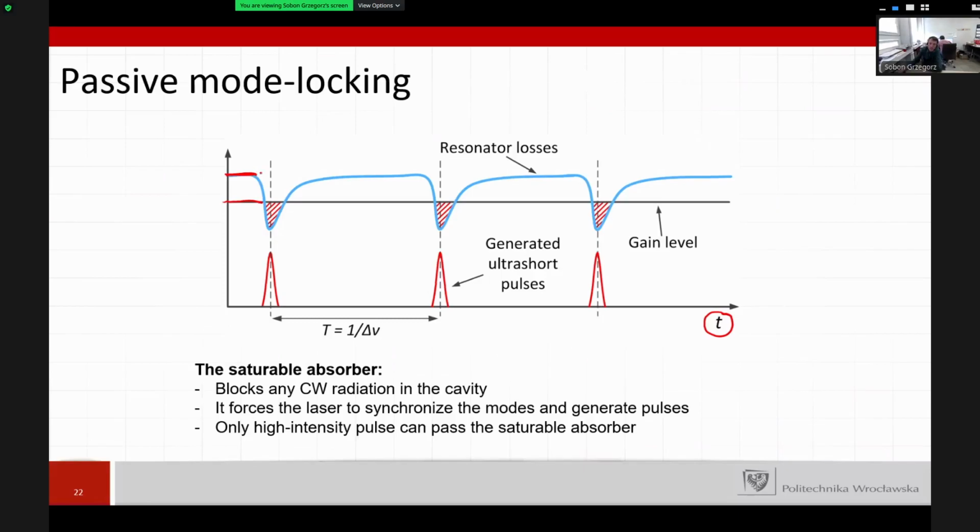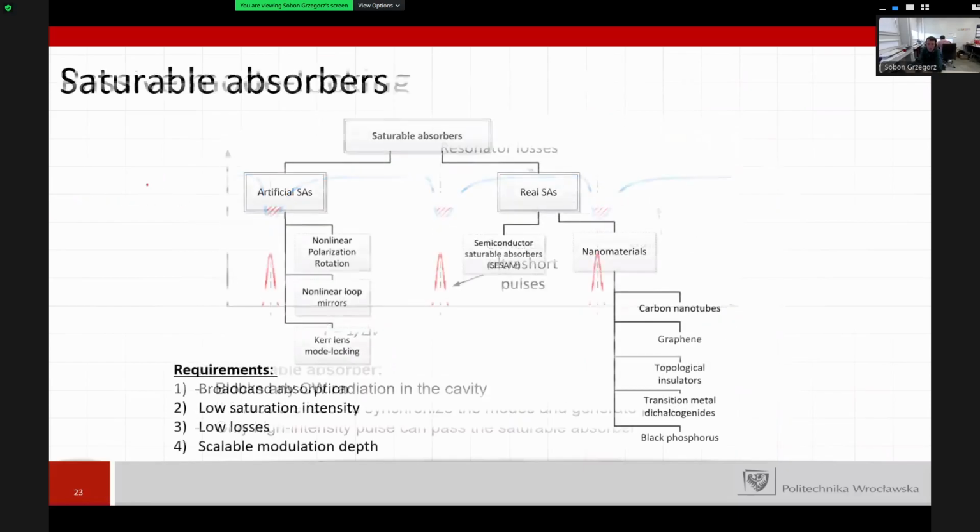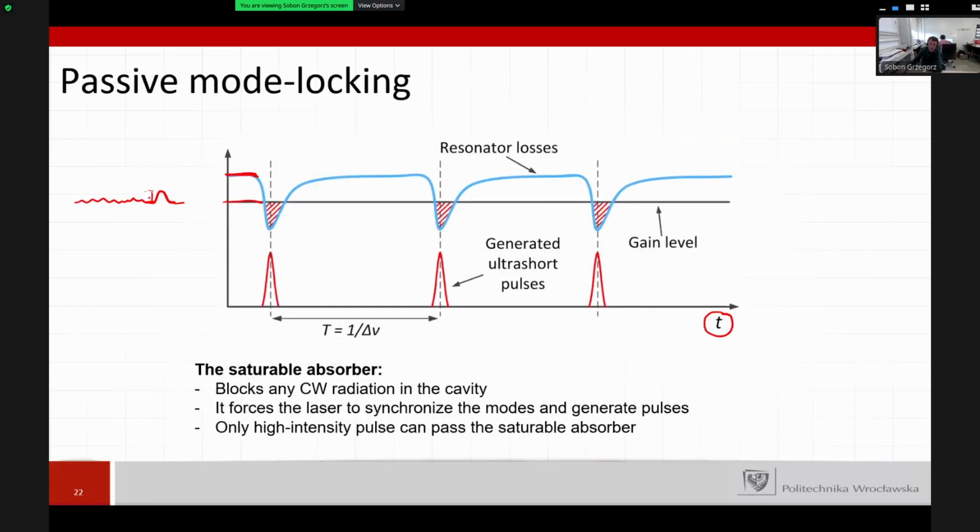But at some point, the saturable absorber will saturate, because in this noise in the laser, there will be some, let's say, small bump that will have a higher intensity than the background of our laser. So this small peak will be transmitted through the saturable absorber, and it will exist in our resonator.